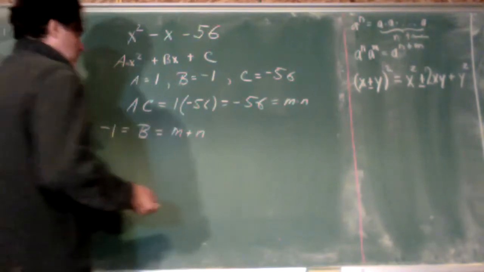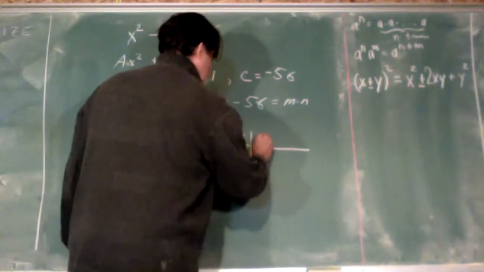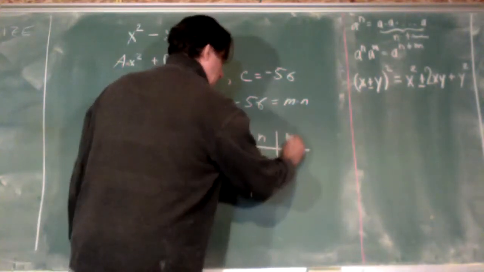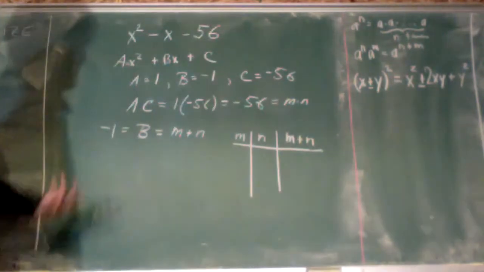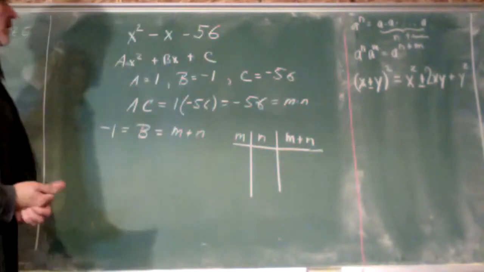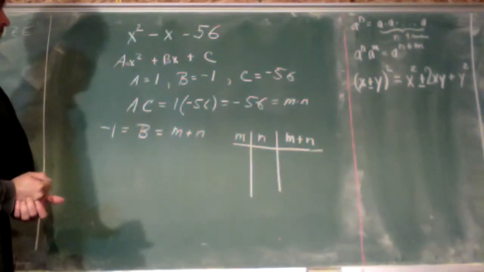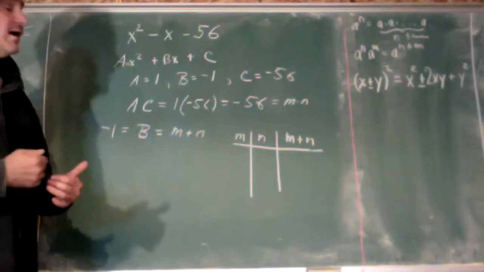To do that, we have to run a search on factor pairs of -56, and in each case, we look to see what the sum is. If we find something that works, remember, we halt the process immediately.